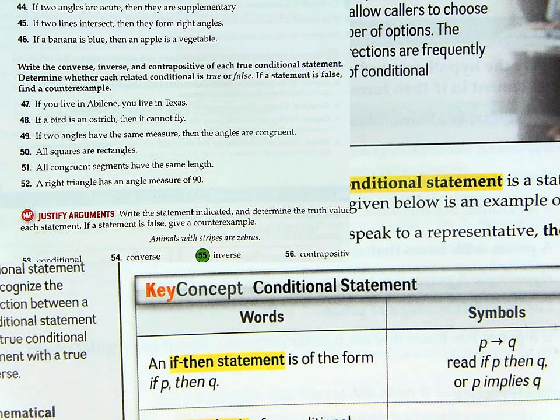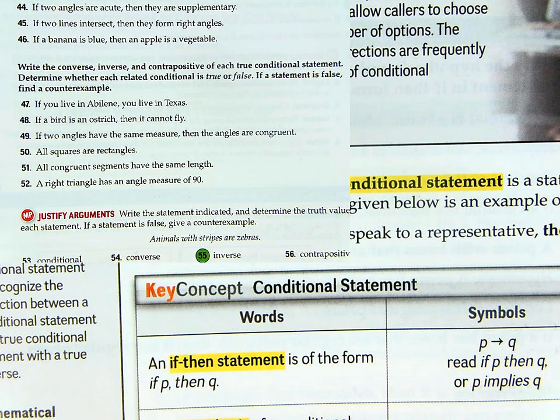That's true. Since the square belongs to the rectangle family, if you don't have a rectangle, then you can't have a square.